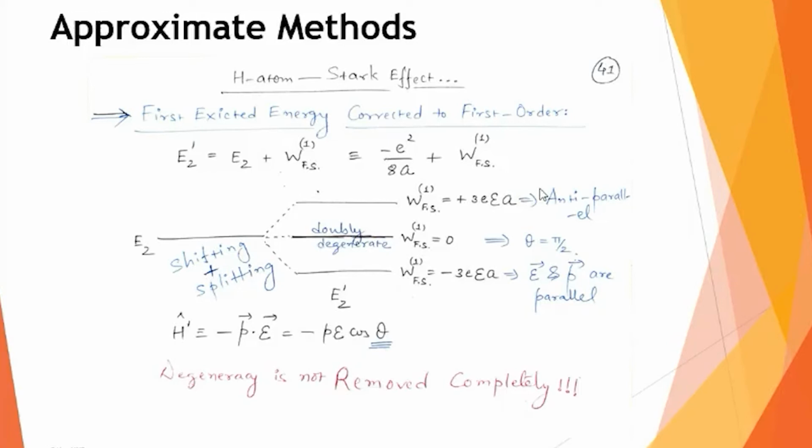Whereas when the electric dipole and the external electric field are mutually perpendicular, cos pi by 2 is 0. So there is no perturbation, there is no contribution from this H dash term. So this situation indicates that your electric field and the electric dipole are mutually perpendicular.